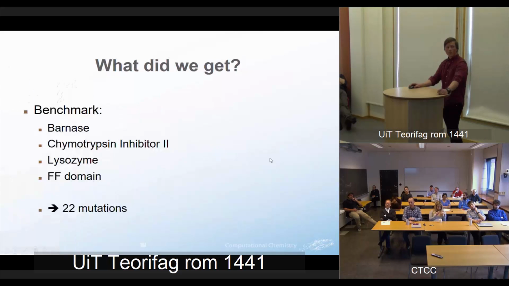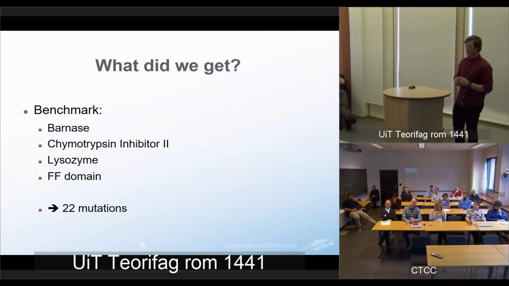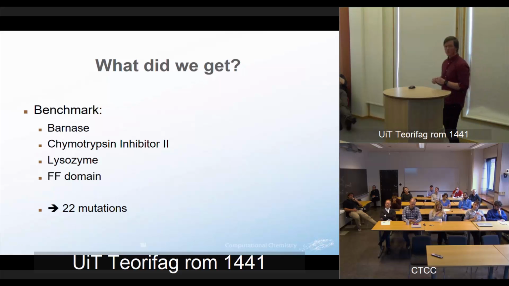And then what did we get? So we have been doing benchmark calculations on 4 different enzyme systems. These are more or less classical enzymes to do this type of calculations on. We have done it on barnase, chymotrypsin inhibitor 2, lysozyme, and a protein unknown to me, the FF domain, from a group down in Uppsala who had been working experimentally on protein stability, and they have structures and data for this protein.